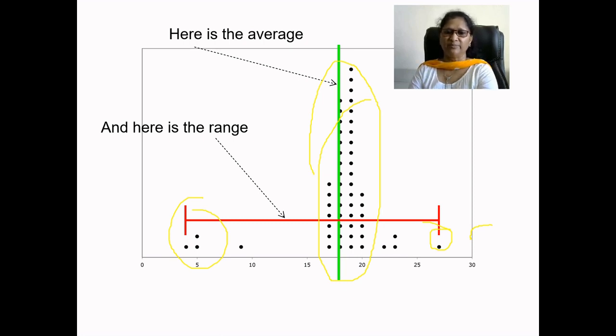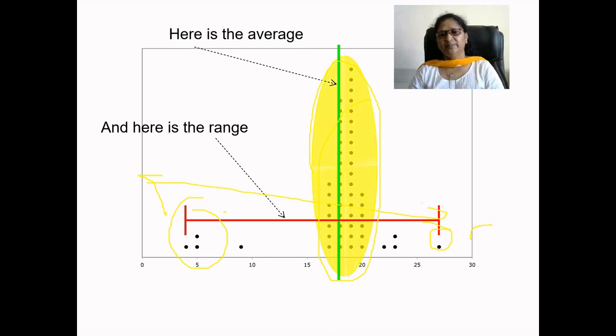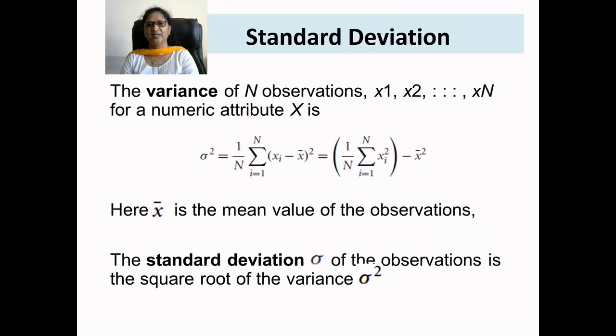When we compute max minus min, it gives you the range. So we say that values are ranging from this to this. And the middle yellow color shows the center, where most of the data is centered.